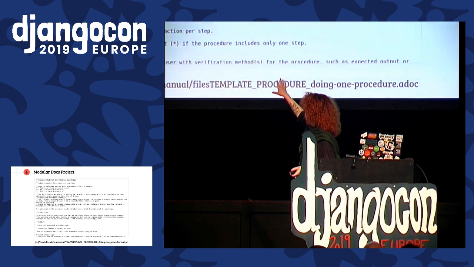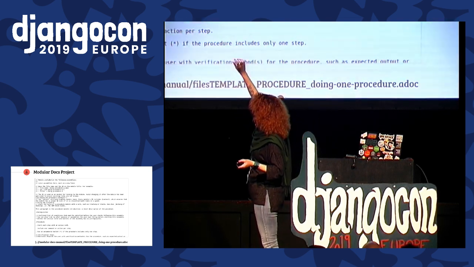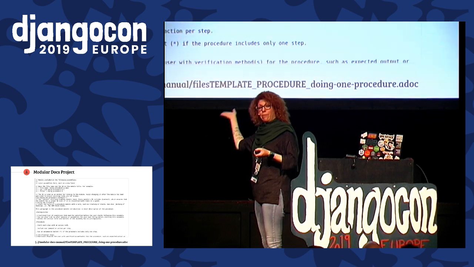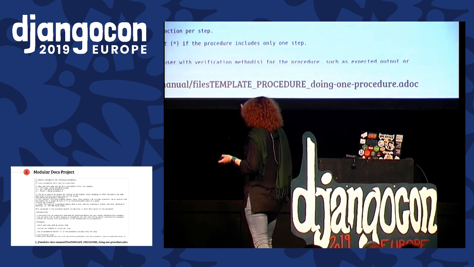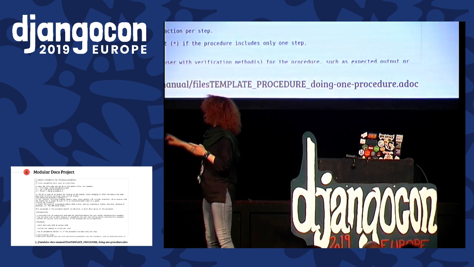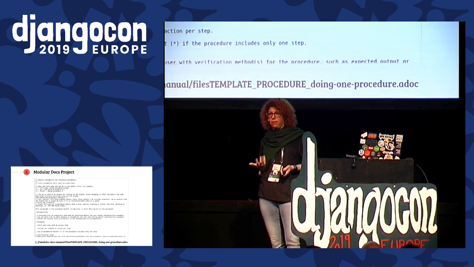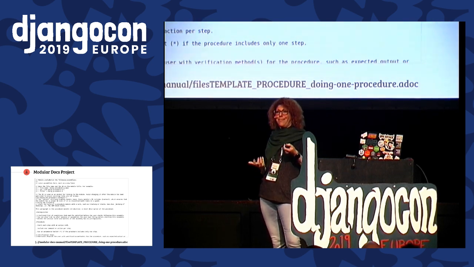This is just a raw output of the procedure template. It's a module, and it gives you suggestions for naming conventions, and things like start each step with an active verb, include one command. So it gives you best practices on how to write a task topic.